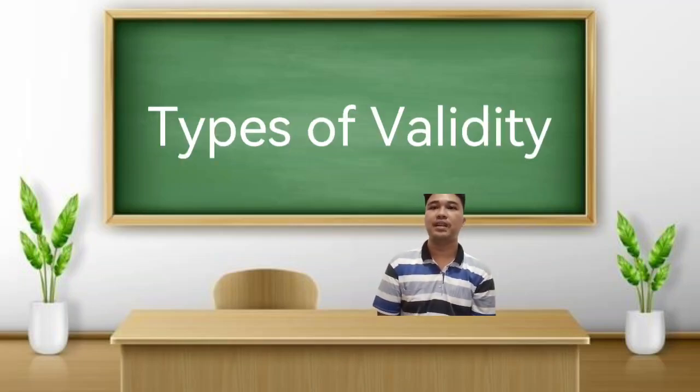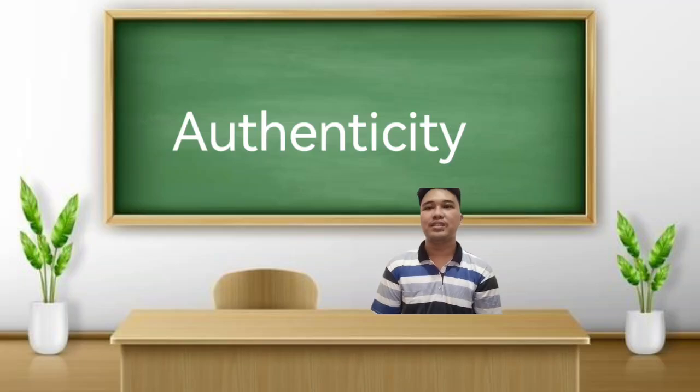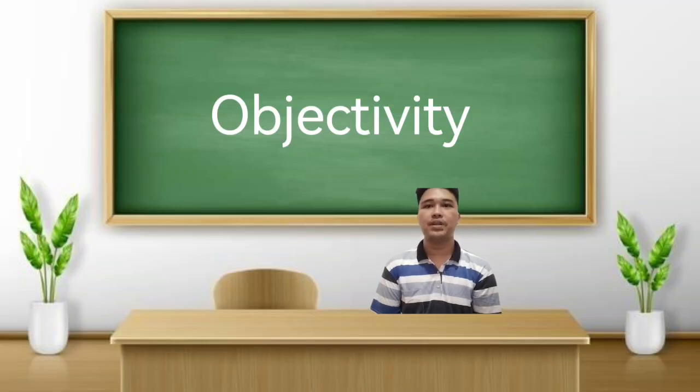Here are the types of validity. First is face validity, content validity, construct validity, concurrent validity, predictive validity. Authenticity uses natural language and meaningful topics relevant to students' lives. Objectivity, free from personal bias, ensures fairness in scoring and evaluation.